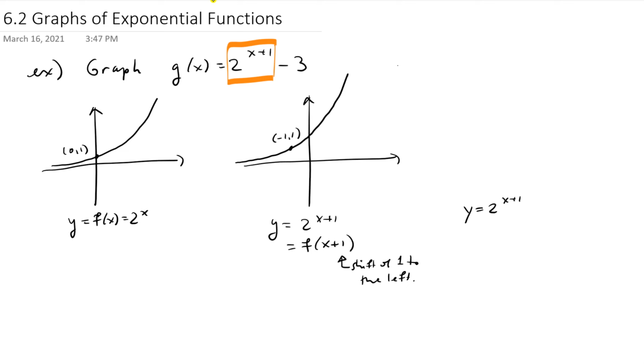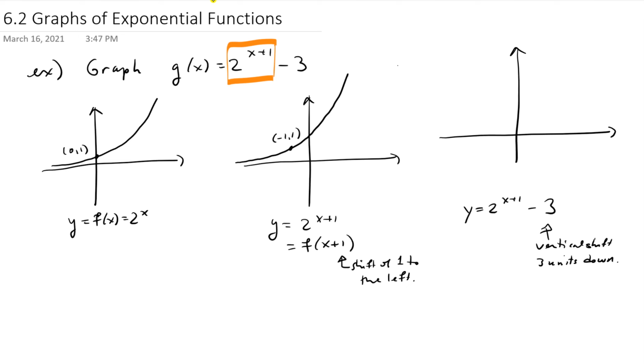And then after that, all we do is subtract 3 from the previous y values. So what is that doing? That's sending everything down. So this is a vertical shift 3 units down. It's the same principles that we've applied for parabolas and other types of curves. So you see minus 1, 1 will now be sent, subtract 3 from 1, you get minus 2, so it's going to go over here, minus 1, minus 2.